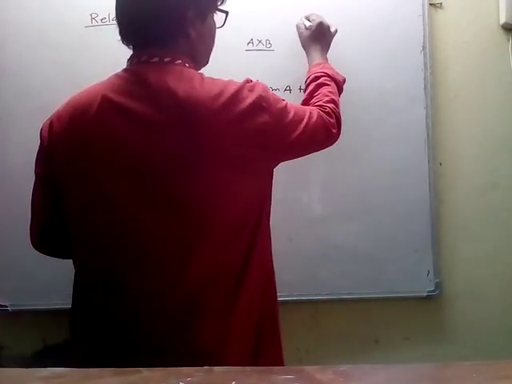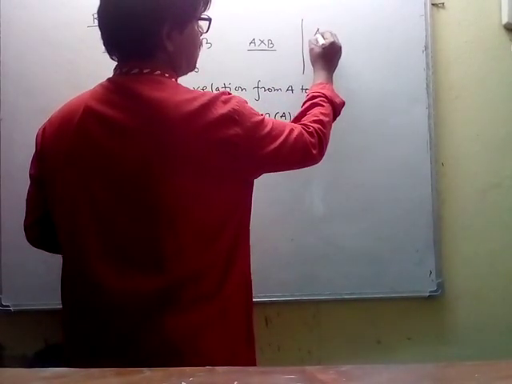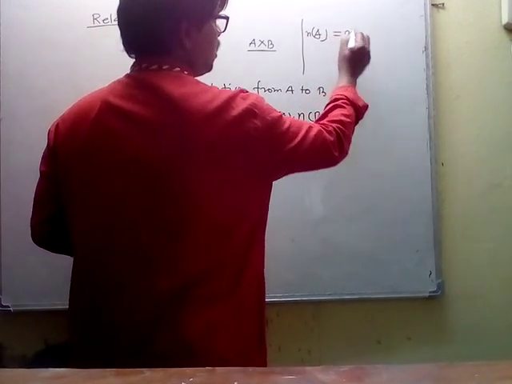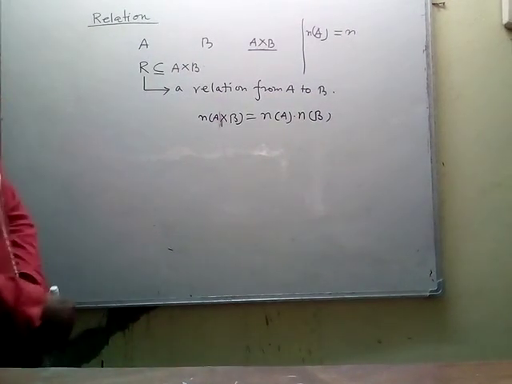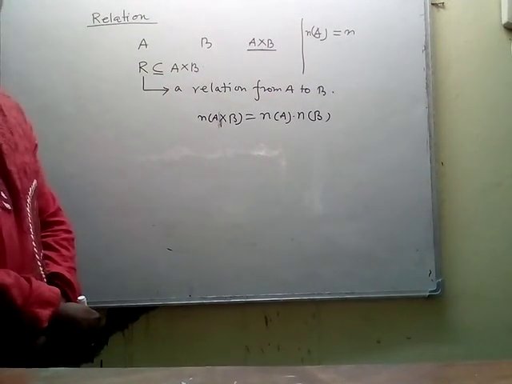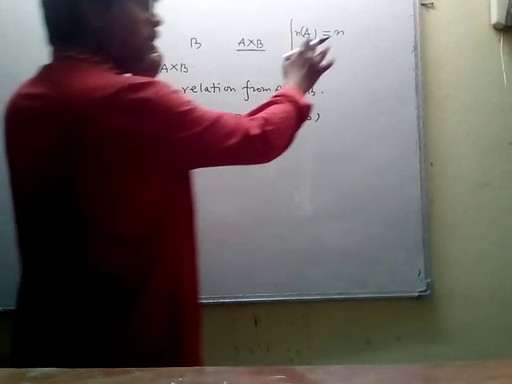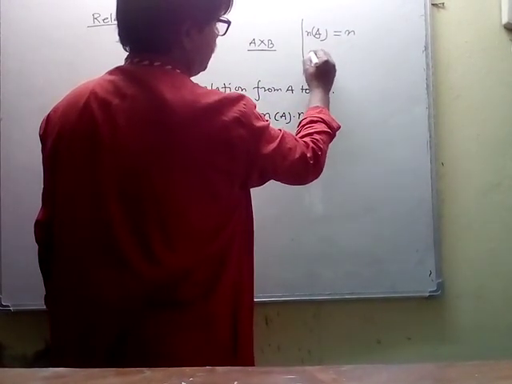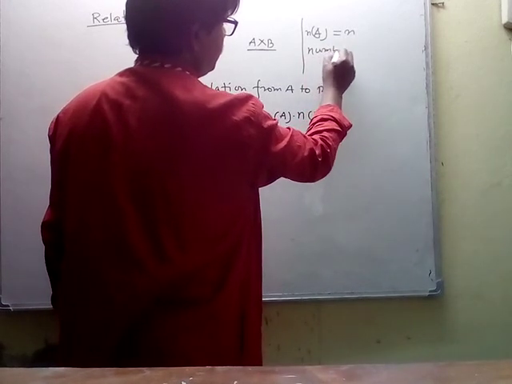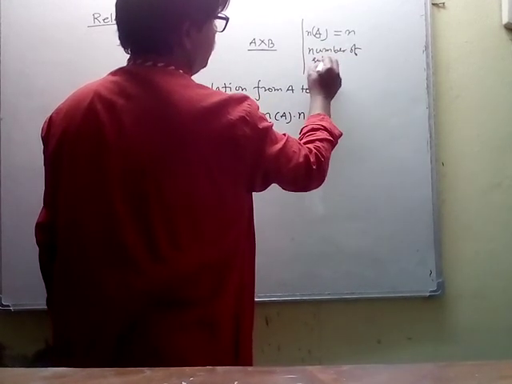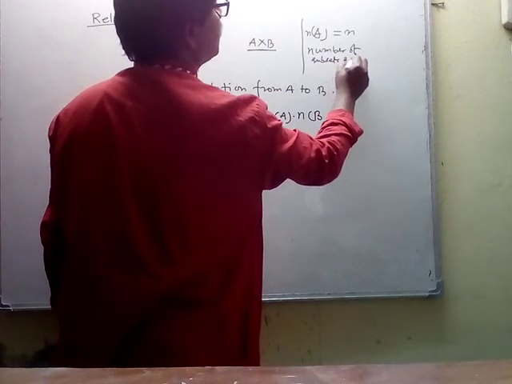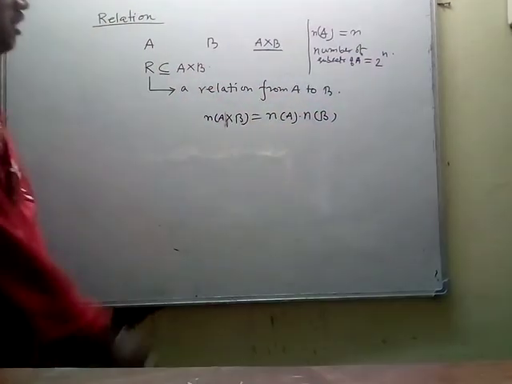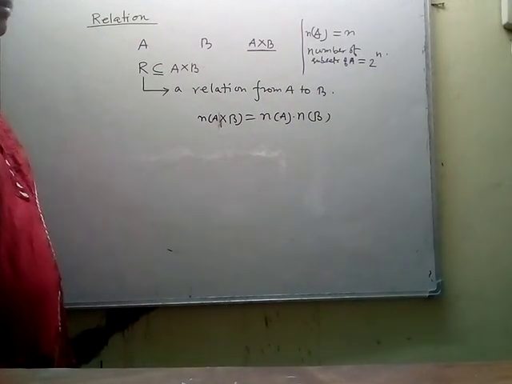In set theory, we know that if a set A consists of n number of elements, then the number of subsets of A equals 2 power n.